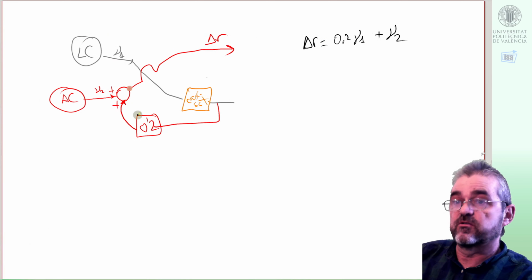So this thing can be understood as a decoupling term, and this thing can be understood as a multi-loop concentration controller action.